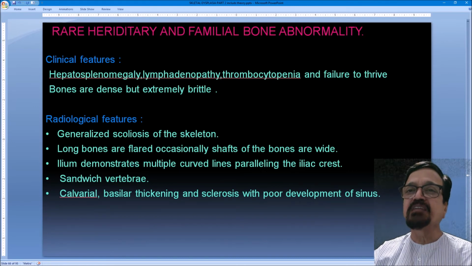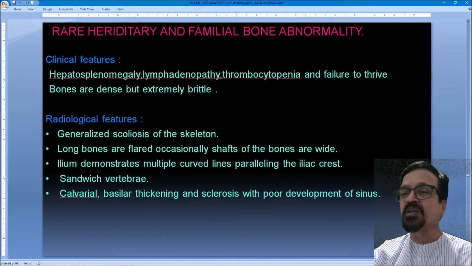What are the radiological features? Generalized sclerosis of the skeleton. Long bones are flared. Occasionally shafts of the bones are widened. Ilium demonstrates multiple curved lines paralleling the iliac crest, and sandwich vertebrae.